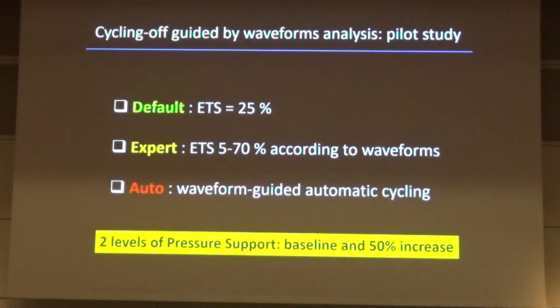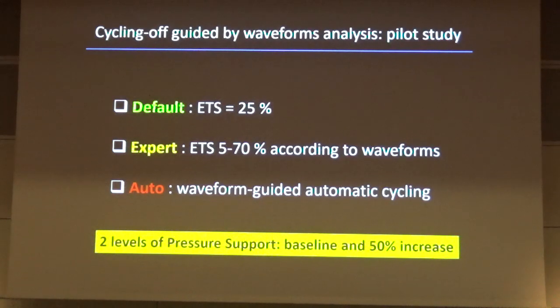So we performed a pilot randomized crossover study trying to compare the default setting for the cycling criterion, 25% of peak inspiratory flow, with the expert setting, so the expert looking at the waveform and adjusting the cycling criterion, and the automation.